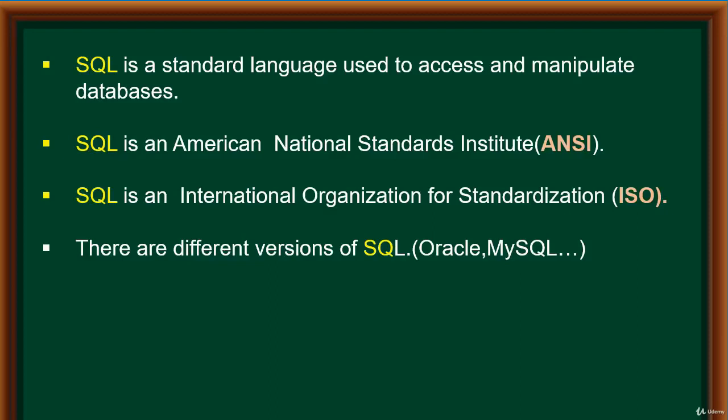One thing to note with the different flavors or versions of SQL is that they have their own proprietary extensions in addition to the SQL standard extension. So apart from the SQL standard language, these different versions of SQL also have their own proprietary extensions that they use in addition to the standard SQL.